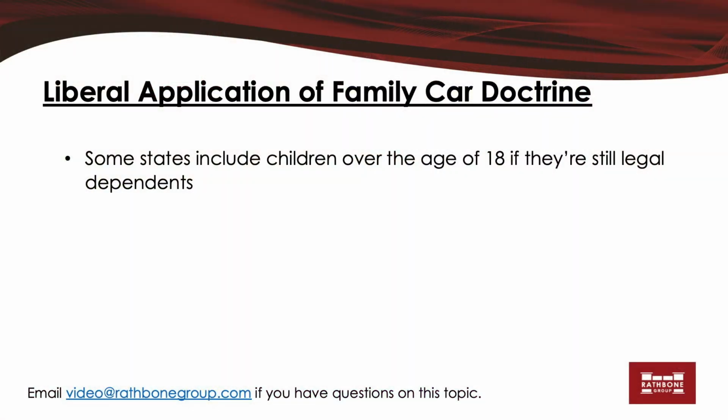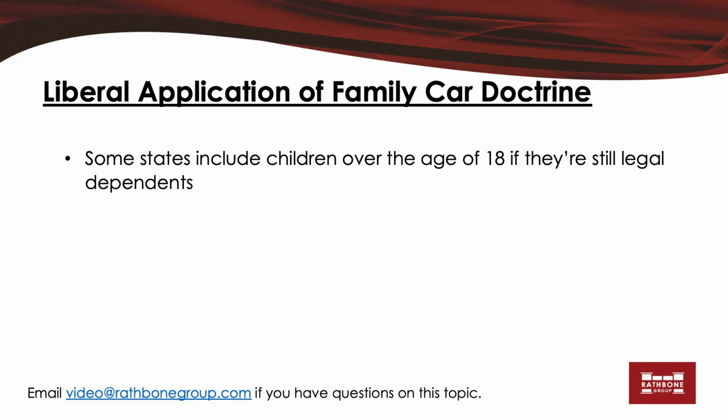Now, some states will limit the liability at the age of 18. So it's for minors that are household members that are drivers in order to hold the owner liable. But there are some states that will say you can still apply the Family Car Doctrine when the driver is over 18 as long as they're still a legal dependent.